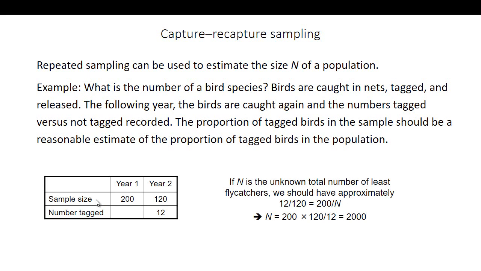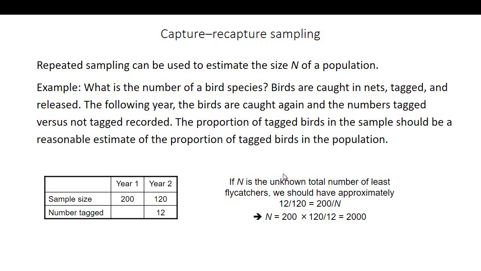So let's say that in year one we caught a sample of 200 birds, and we tagged them and we let them go. And in year two we catch, let's say, 132 birds, and we found that 12 of them were tagged and 120 of them were not tagged.